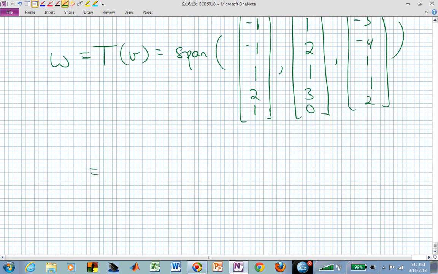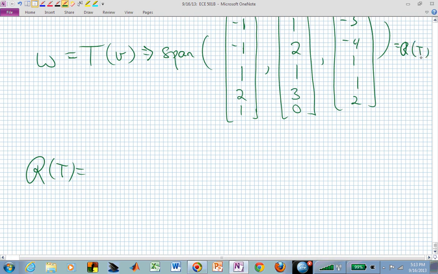But in fact, in this particular problem, this is now the range of T. I'm getting a little bit sloppy with my notation here. The range of T actually ends up being not those 3 vectors, but just there's some dependency among those 3 if you look at it.